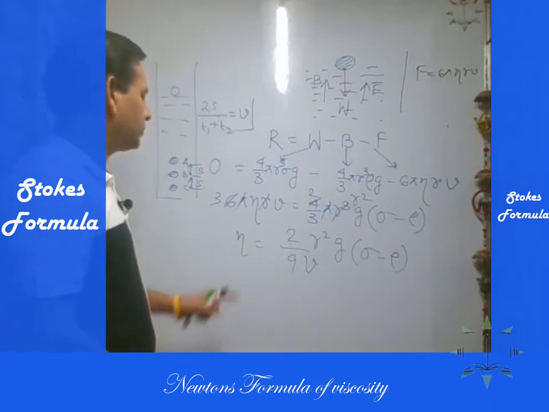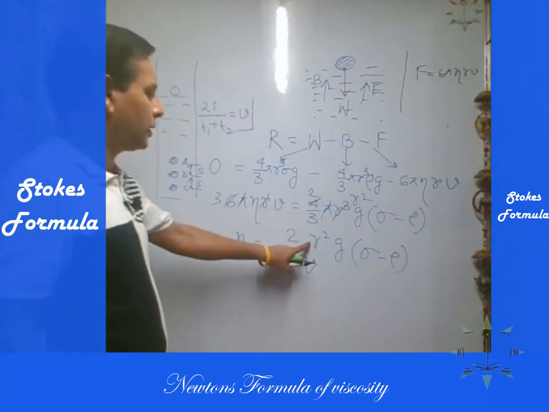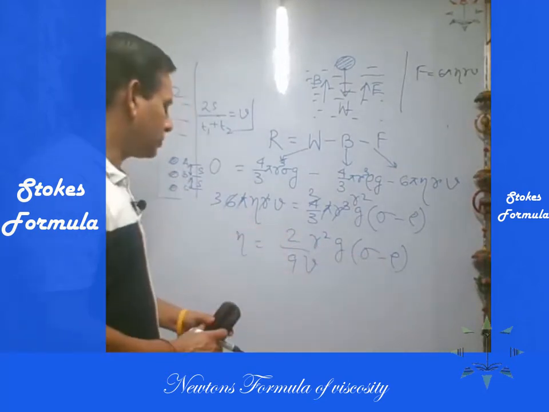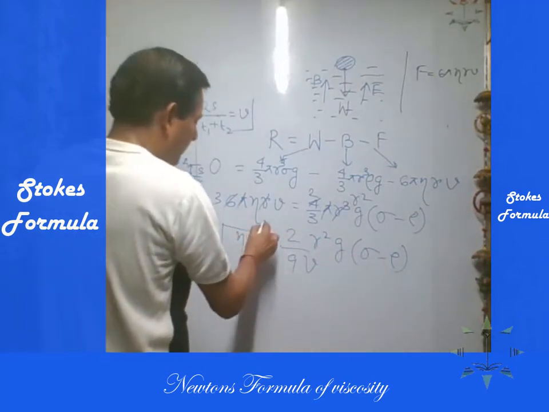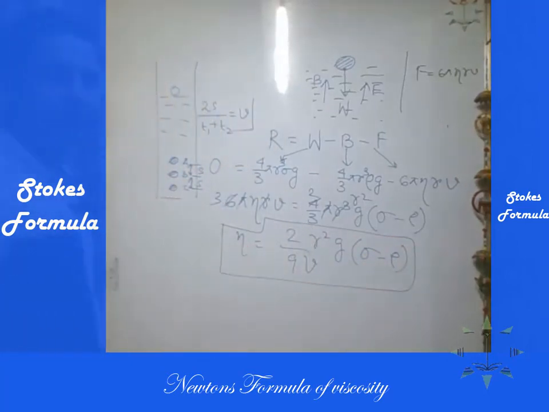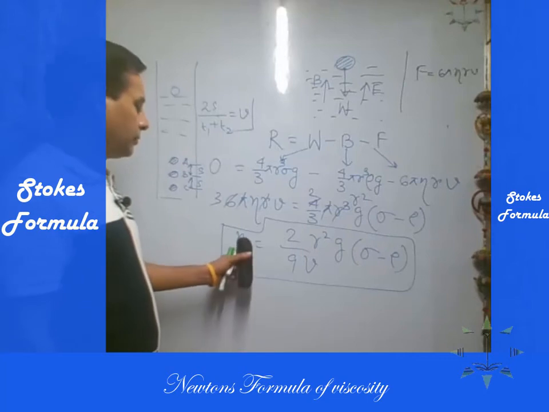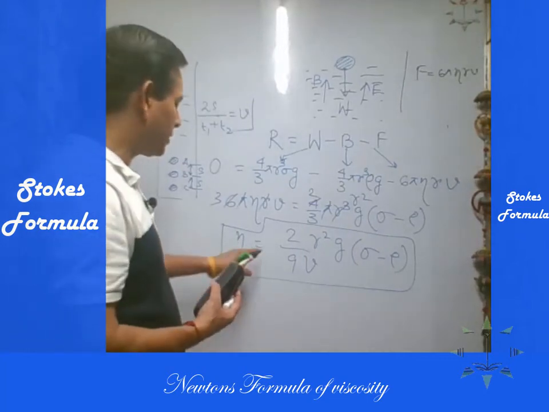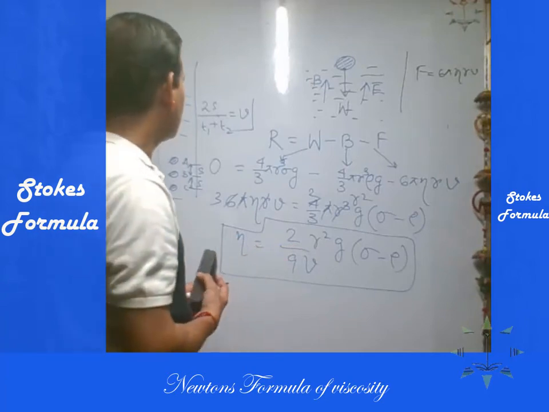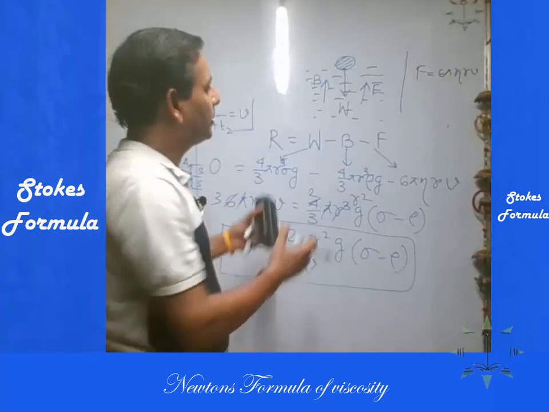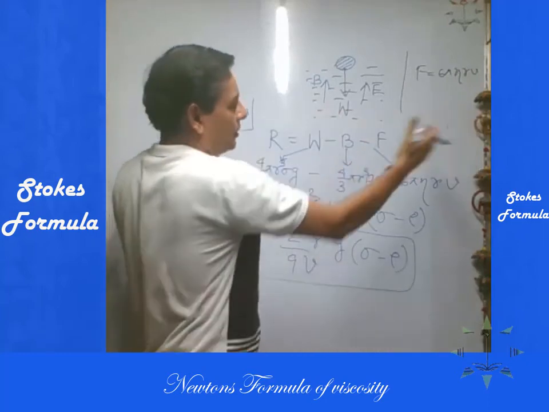So eta equals 2 by 9 r square into g, sigma minus rho. Using this formula one can easily find out the coefficient of viscosity. Now there is a minor correction required in this formula, because when it is derived, it is assumed that the liquid is of infinite extent.